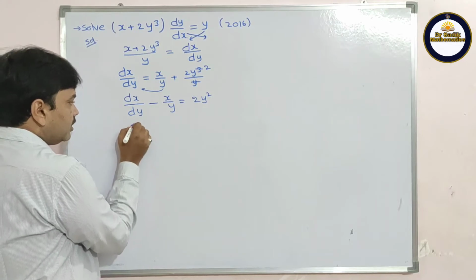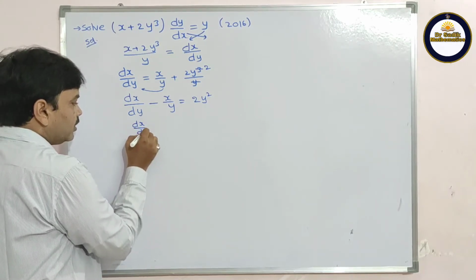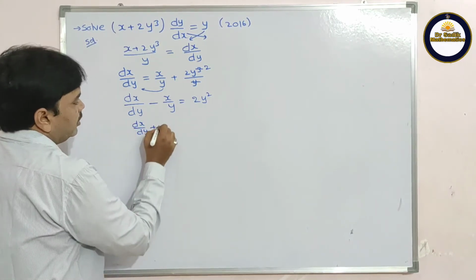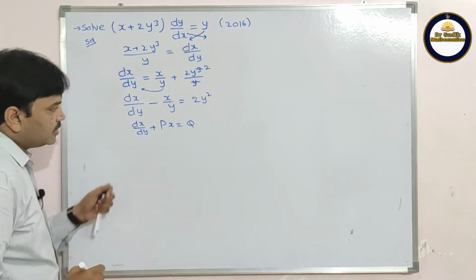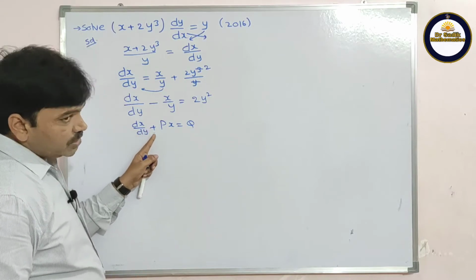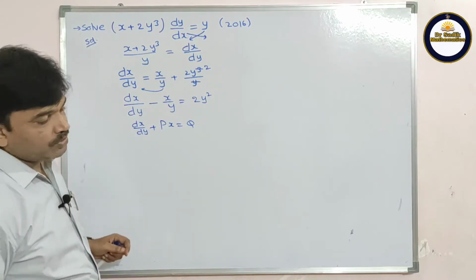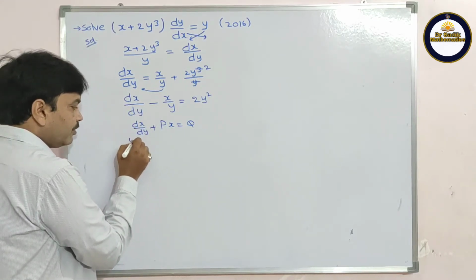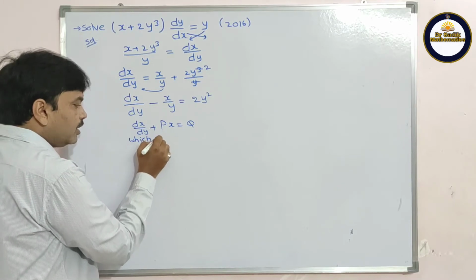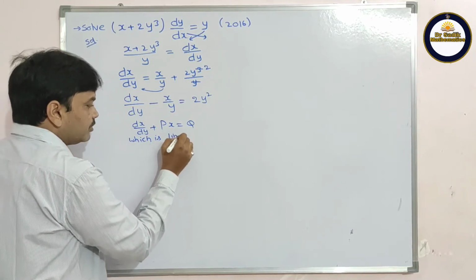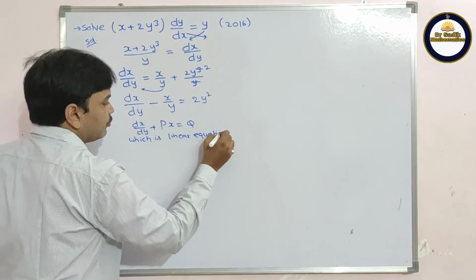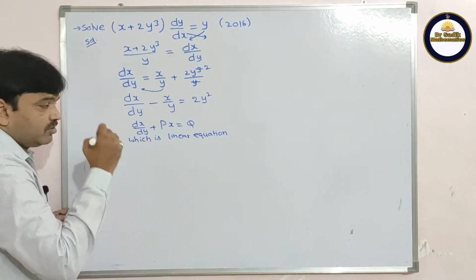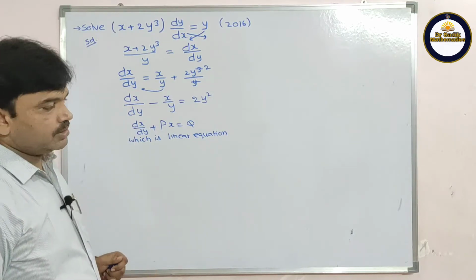Now this is like dx/dy + Px = Q, which is a linear equation in x.